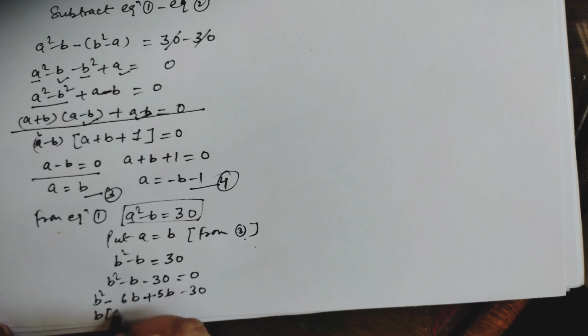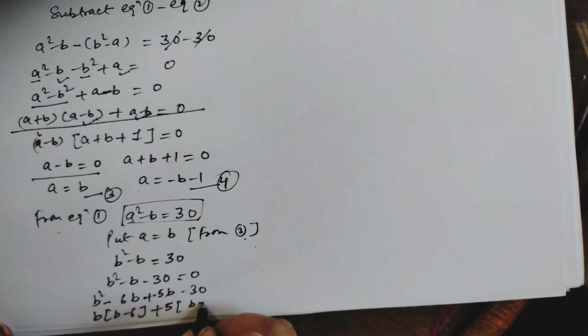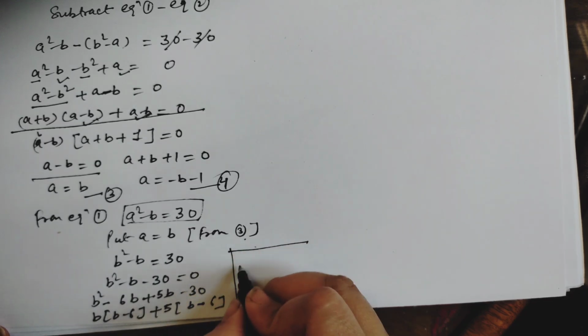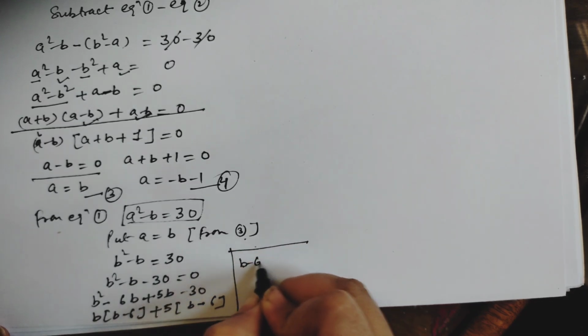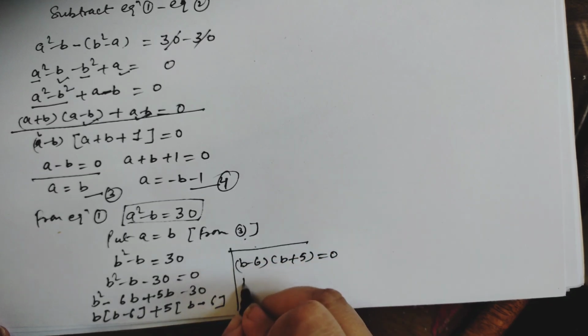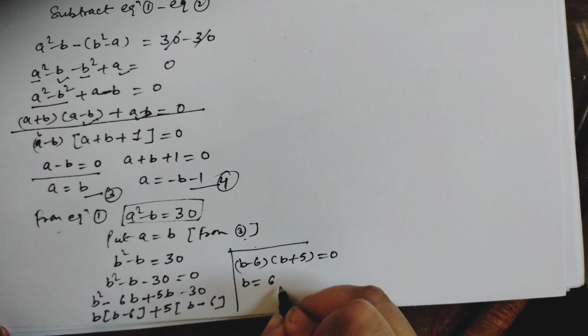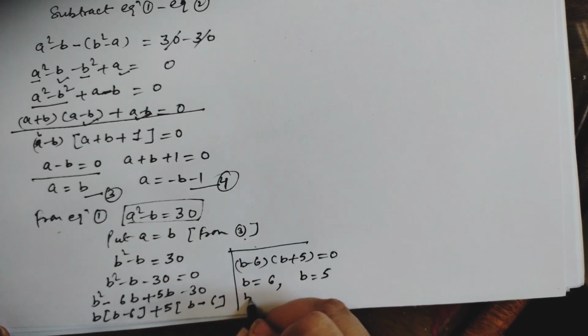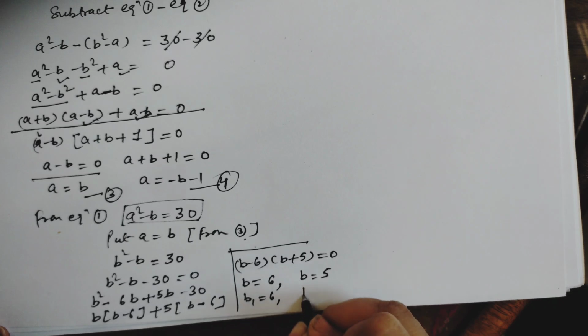If you take b common, b minus 6, and here we take 5 common, so b minus 6. The first factor is b minus 6, and the second factor is b plus 5, equal to 0. So the value of b is 6 as the first value, and the second value is 5. Let me suppose this is b1 and this is b2.